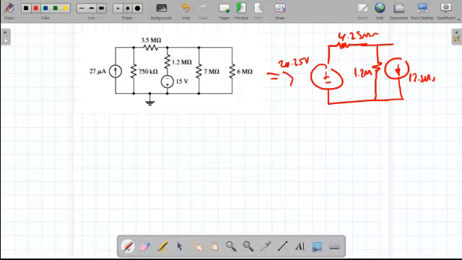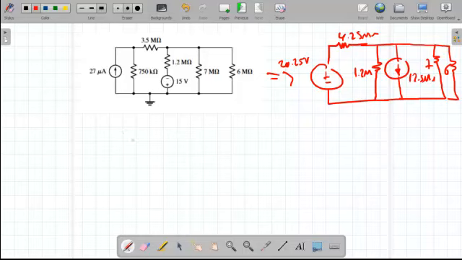12.5 micro. So here, we complete the circuit, the 7 and the 6 mega ohm. 7 and 6. Now here we can do again source transformation to this voltage source and this resistor.